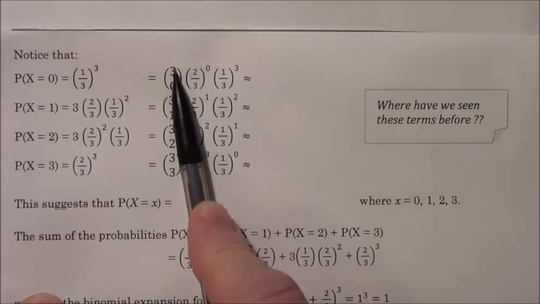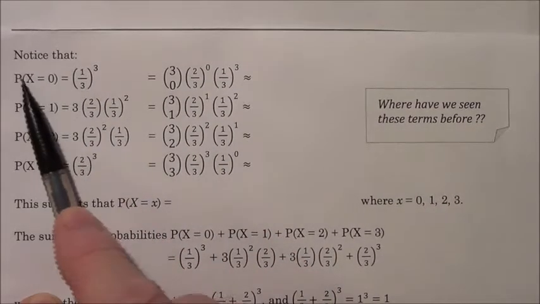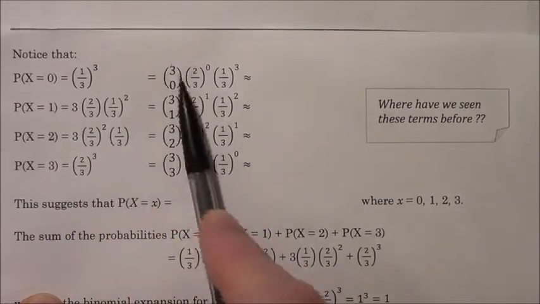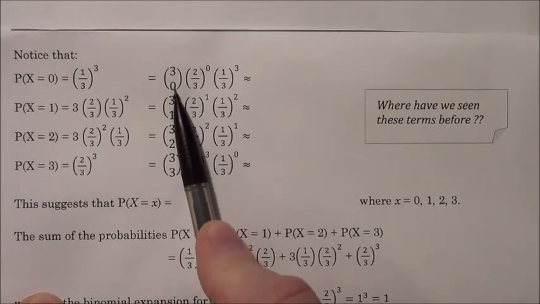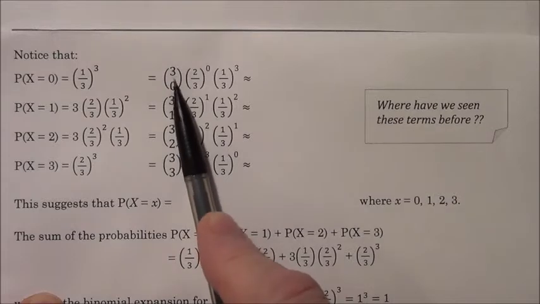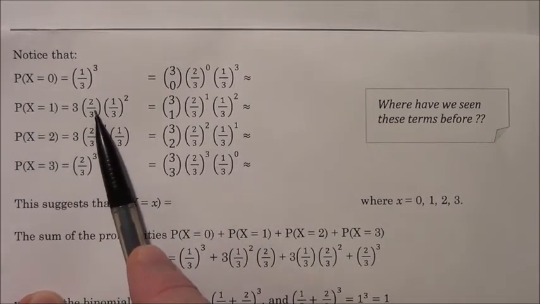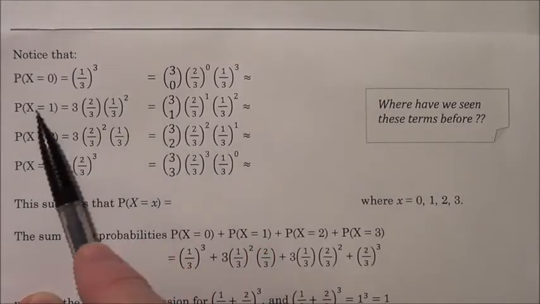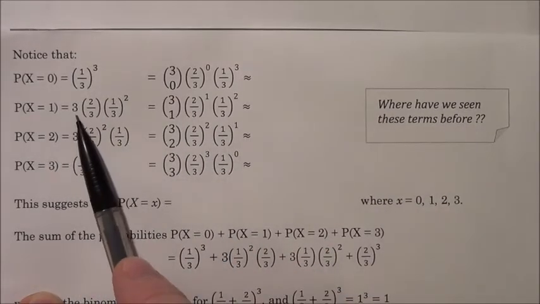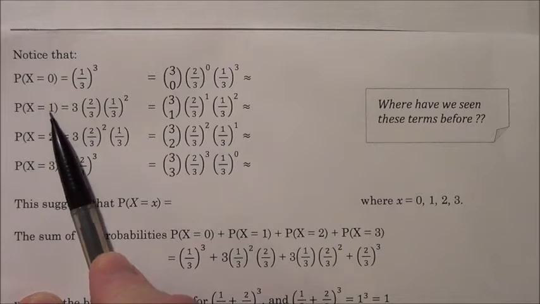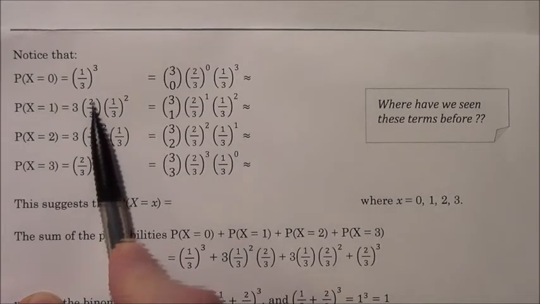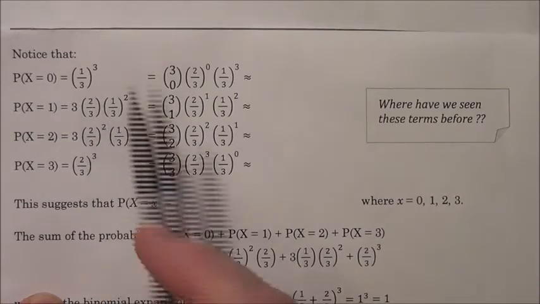If we're choosing this 1 time, this can only happen 1 time, then we've got 3 choose 0, and 3 choose 0 is 1. Then if we continue along and look at the other possibilities when we're only succeeding 1 time, the shaded section comes up 1 time when the arrow lands on the shaded section once.